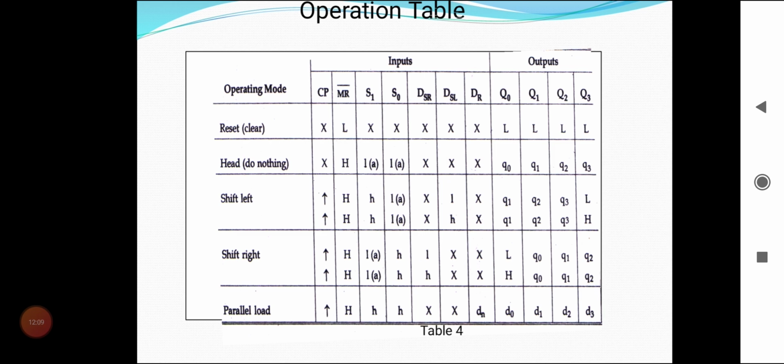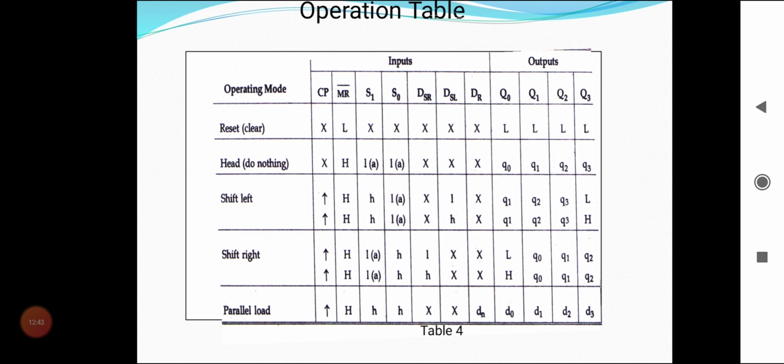If DSL, the shift left serial input, is high, H, then a 1 bit is stored in Q3. Shift right: on the positive edge of the clock pulse, memory reset complement is high, S1 is l and S0 is H, high state.